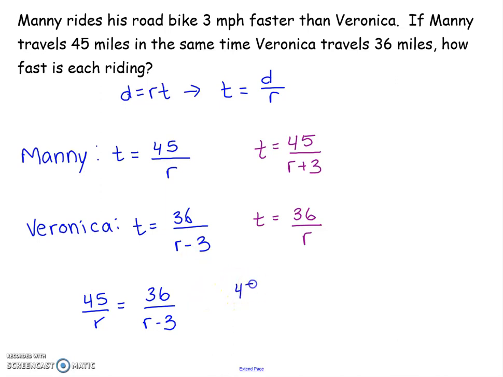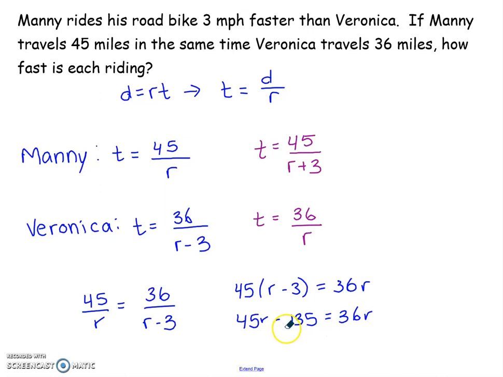So I would do 45 times R minus 3 and make that equal to 36R. So then I would distribute the 45. So 45R minus 135 equals 36R.